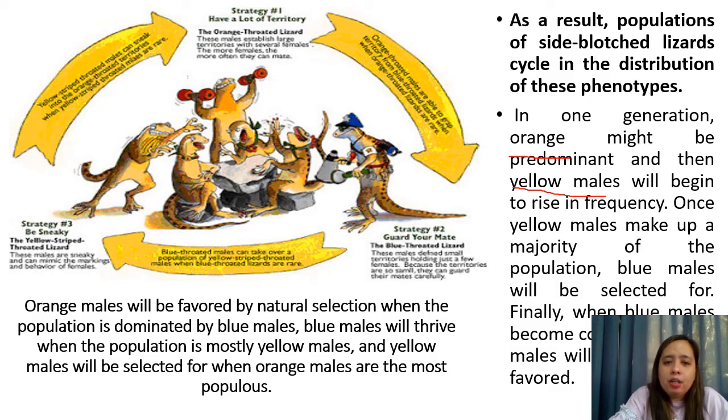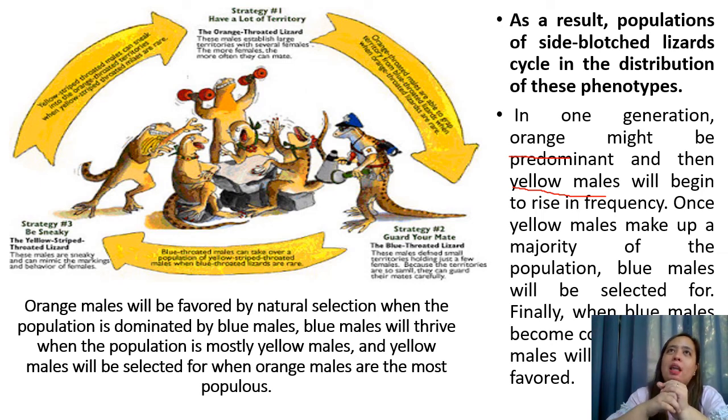And if there is a blue or other orange male that will sneak or try to mate with their female counterparts, makikipaglaban sila. So, mainit kasi ito si orange. Dahil malakas ako, makikipag-away ako.